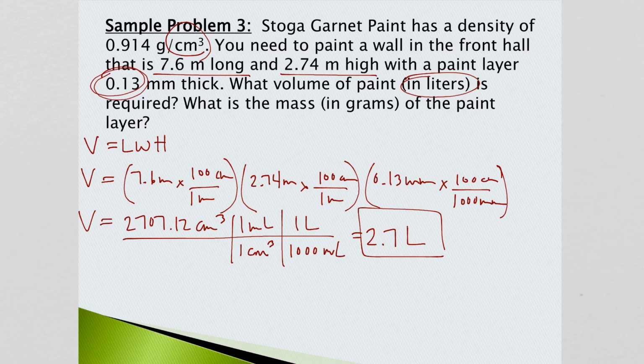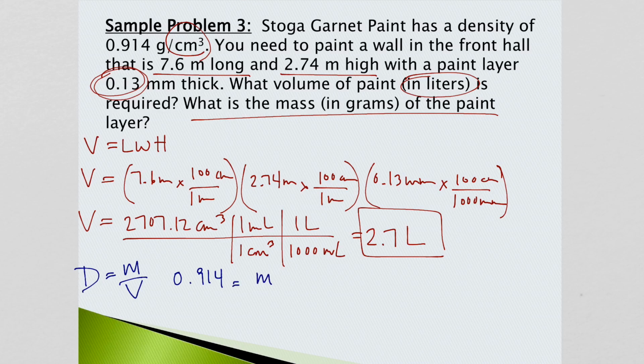The second question said, what's the mass in grams of the paint? When I calculated the volume, I first calculated it in centimeters cubed, so I would have the correct unit for the density portion of this problem. So now I'll switch colors to show I'm moving on to the next part of the problem. D equals m over v. It gave us the density in the original question as 0.914 grams per centimeter cubed.